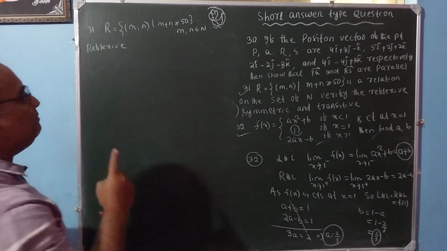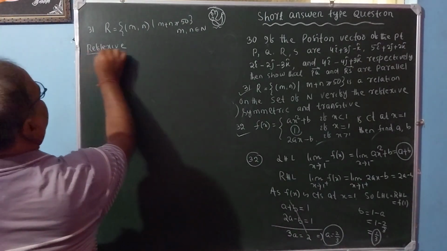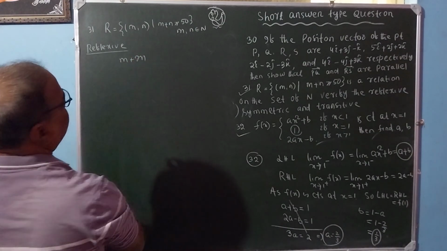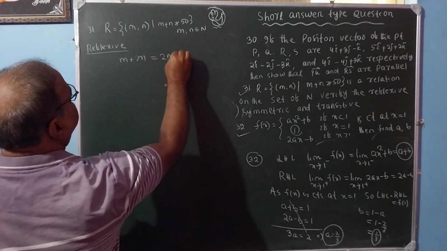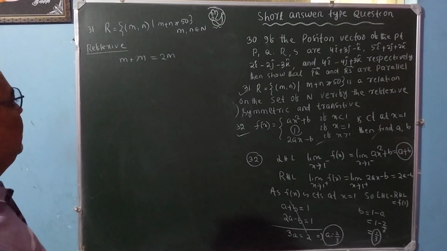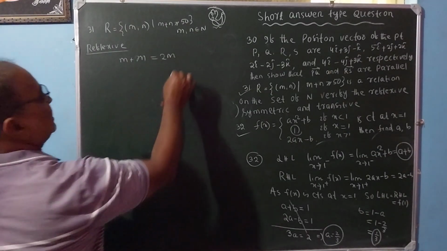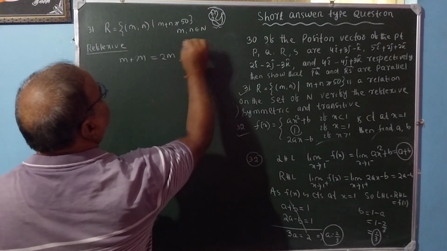Reflexive means m related to m. m plus m is equal to 2m, which is not always greater than or equal to 5.